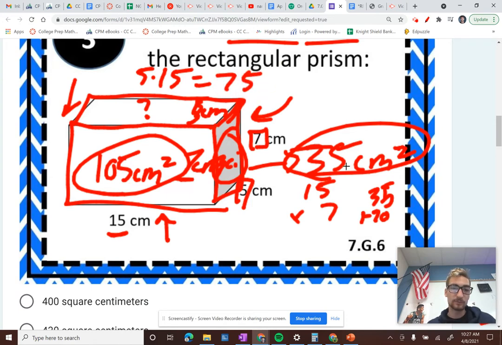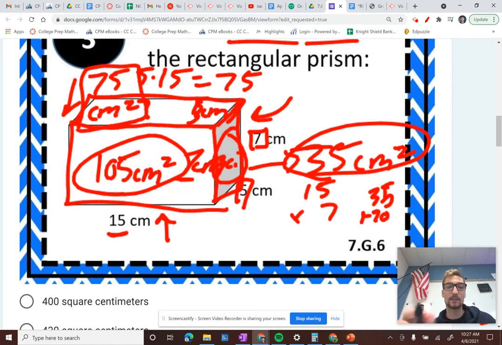And so if I have 75 centimeters squared here, 105 centimeters squared there, and 35 centimeters squared on the right side, I can actually just multiply each of those by 2 to get the sides that we're not seeing in the picture.